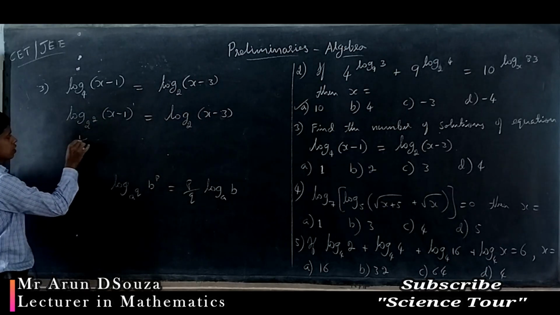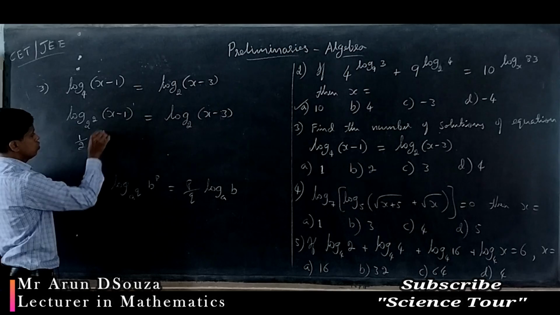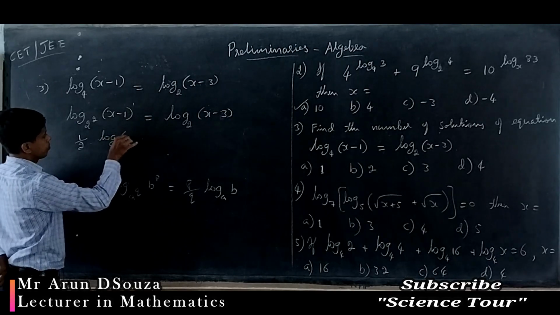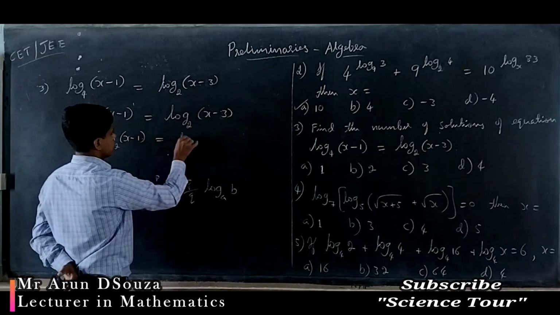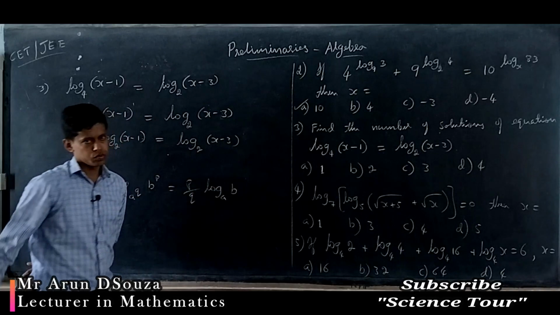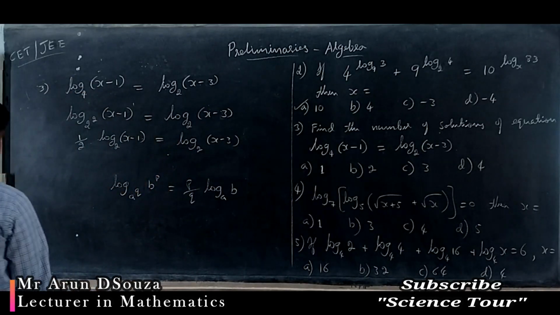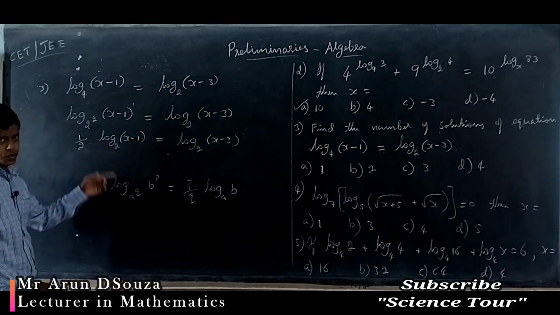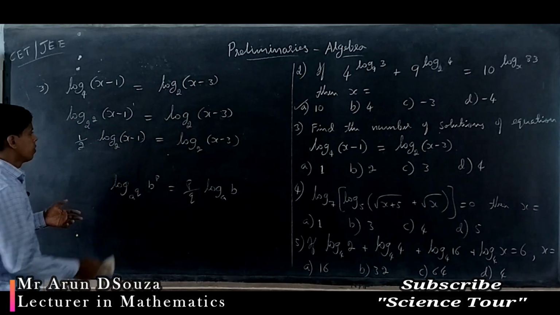So this is like 1 by 2 log (x minus 1) to the base 2, that is equal to log (x minus 3) to the base 2, correct? Because of this formula, from this step to this step. This is the formula.